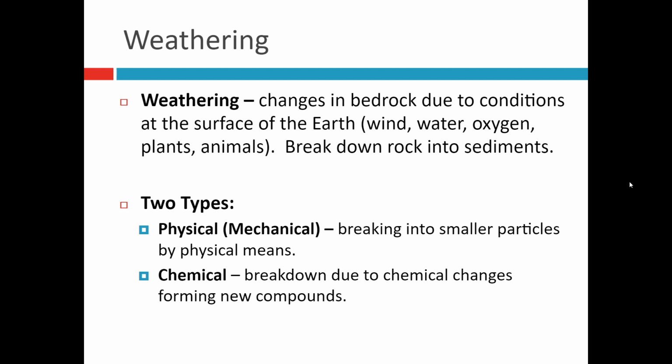Now, there are two different types: what we call physical or mechanical weathering, and chemical weathering. There are lots of different types of physical weathering, and lots of different types of chemical weathering, and that's what we're going to be getting into individually. So I would write down physical and chemical weathering and the types as we go along here.